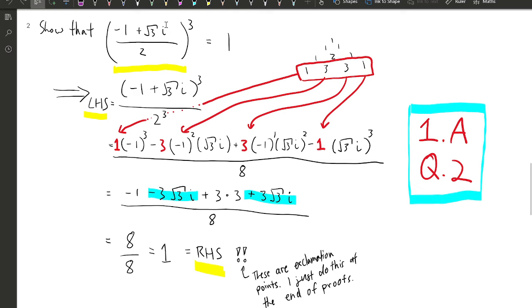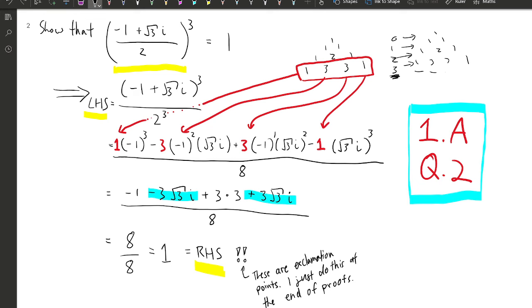You can distribute this cube to the top and the bottom to make it a bit easier on yourself, and then expand the cubic on the top. So a quick trick to do that is to use Pascal's triangle. So you go 1, 1 1, 1 2 1, 1 3 3 1, and then this is 0 1 2 3 for cubic.